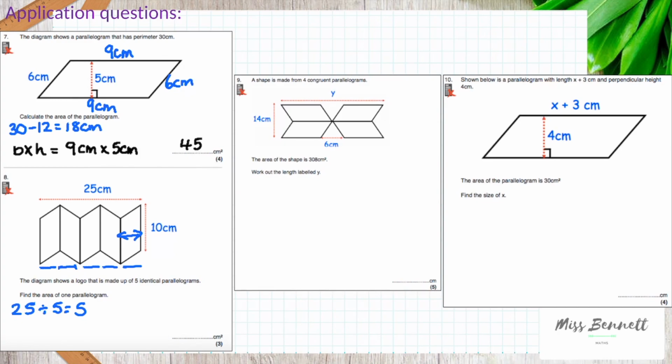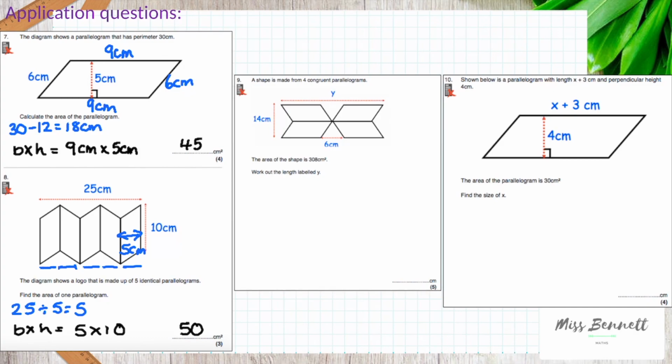So each one of these is 5 centimetres. So the area of one parallelogram, the base multiplied by the height, would be 5 multiplied by 10, which is going to give me 50 centimetres squared.